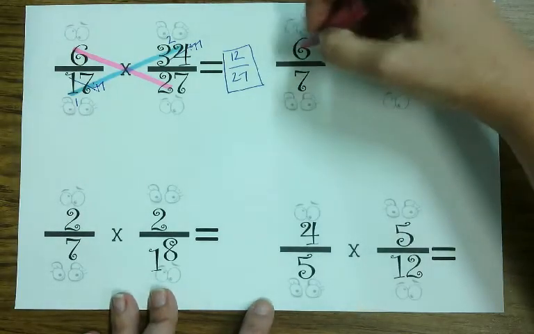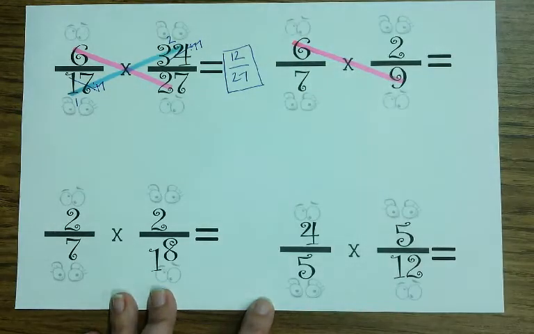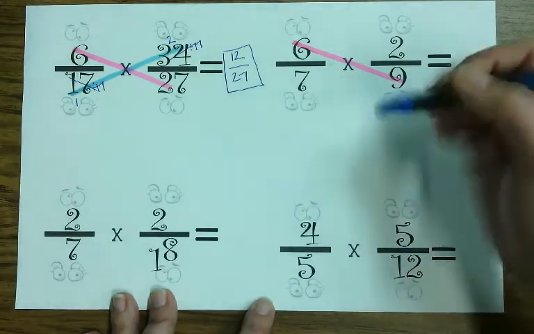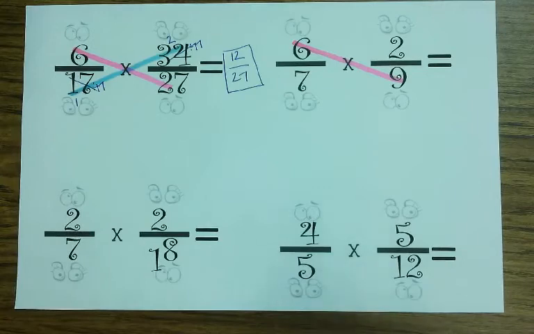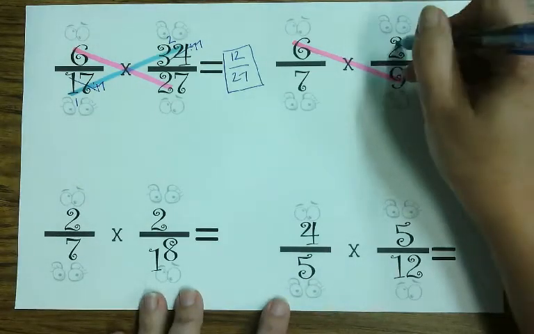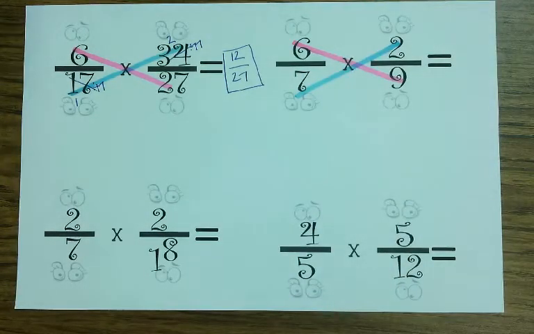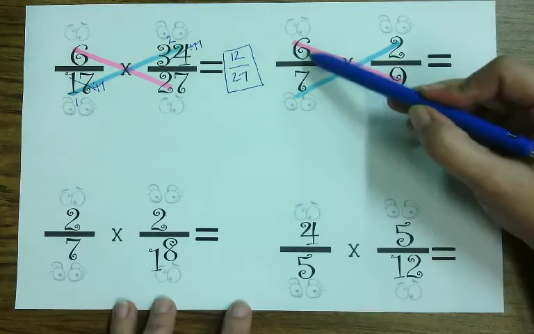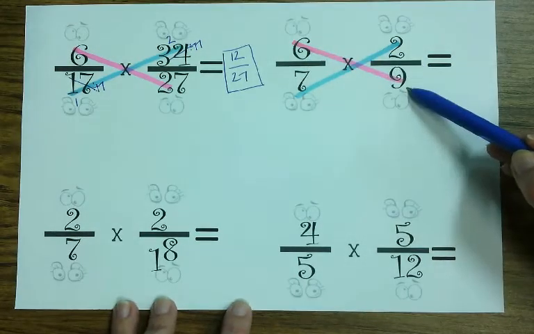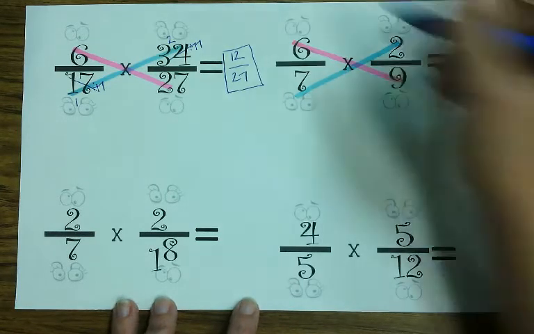Okay, our next example has 6 and 9 across from each other. These are both multiples of 3. They share a common factor of 3.